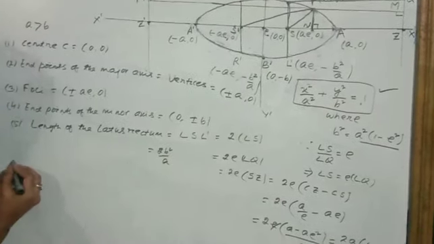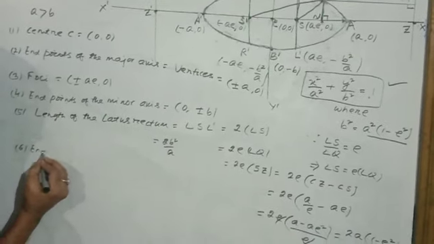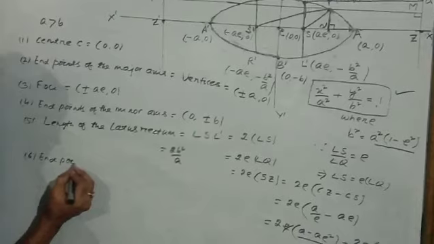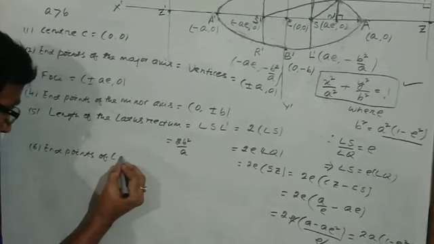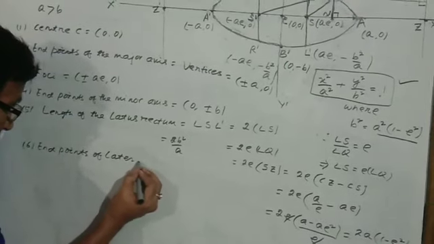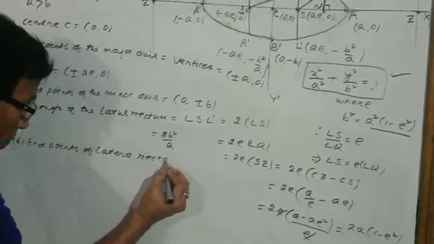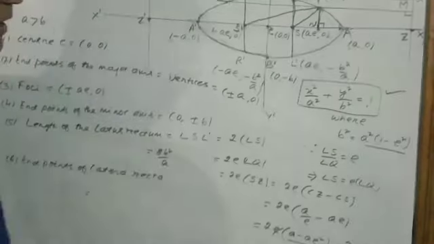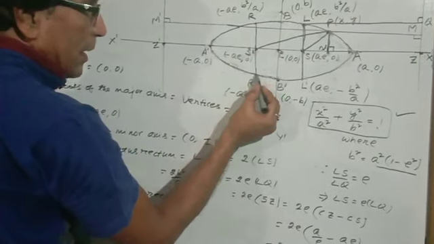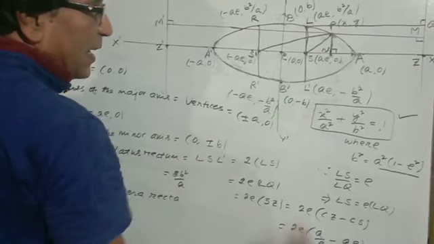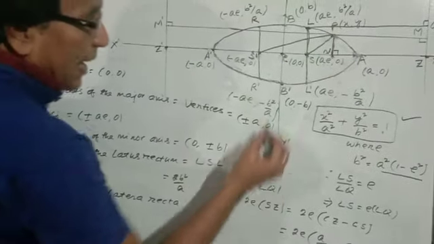So next we will find out the 6th point, endpoints of lateral recta. Which are the endpoints of lateral recta? L, L dash, R, R dash are the endpoints of lateral recta. What will be the coordinates of the point L?